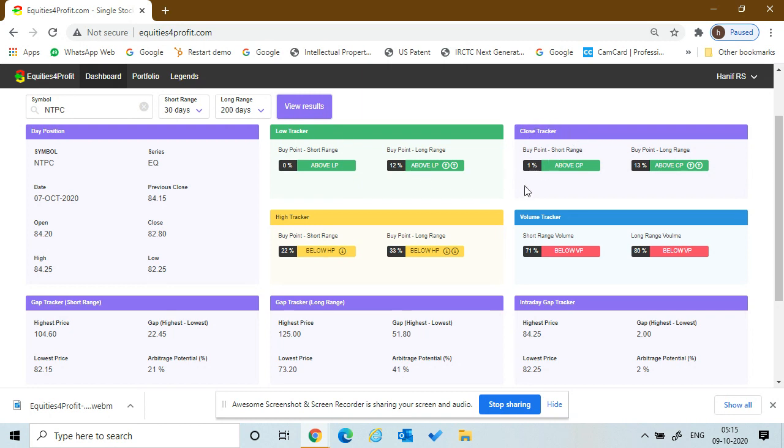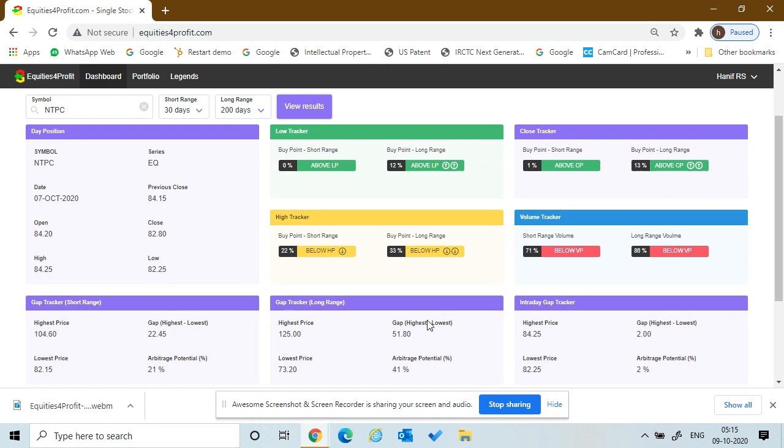But in the short range, the close, that 82.80, is almost 1% above the lowest of the day. And the lowest of the day is the lowest of the last 30 days. So by giving a 1% adjustment, you can give an off market command, and it is a good chance that you will get to buy NTPC at the lowest point of the last 30 days.